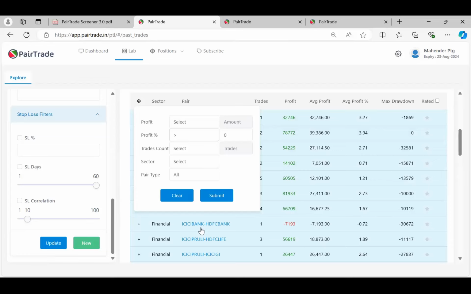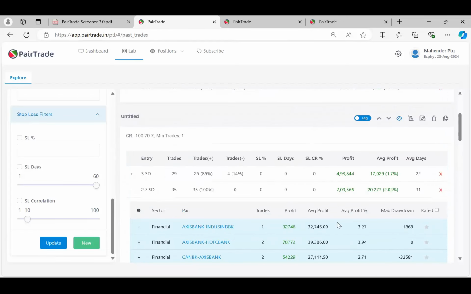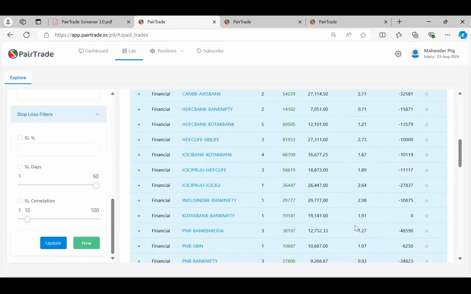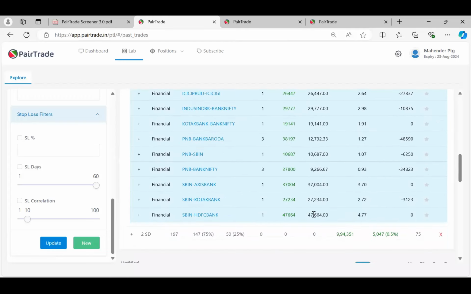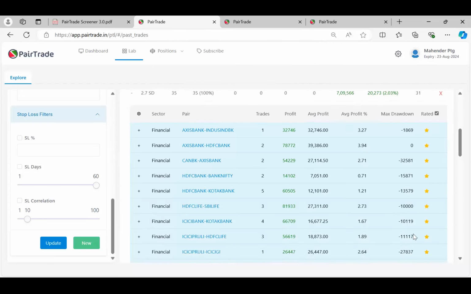Like if this ICICI HDFC has given only one entry, so it is negative. Sometimes you may get 3-4 trades, but overall is negative. One trade might end up positive, but the remaining 2 have given negative. So I can filter out here. When I do this one, obviously it will be 100%, right? So here, okay, these pair combinations are good. Now I'll rate these pairs. Now all these pair combinations are rated.